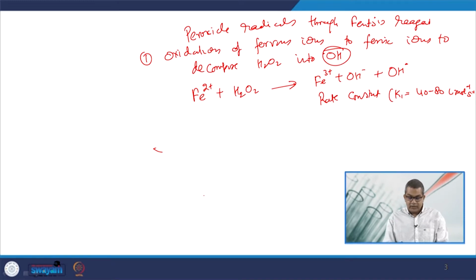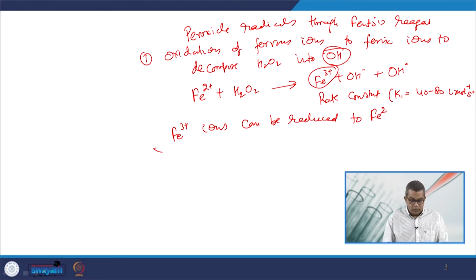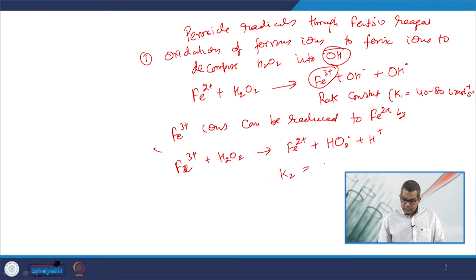Now, this generated Fe3+ ion can be reduced to Fe2+ by Fe3+ plus H2O2 giving Fe2+ plus HO2 radical plus H+. Now, here the rate constant K2 is around 9.1 into 10 to the power minus 7.